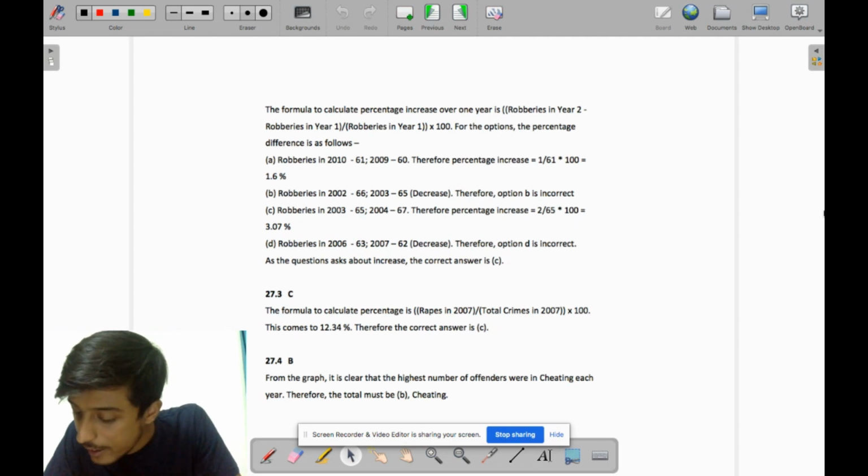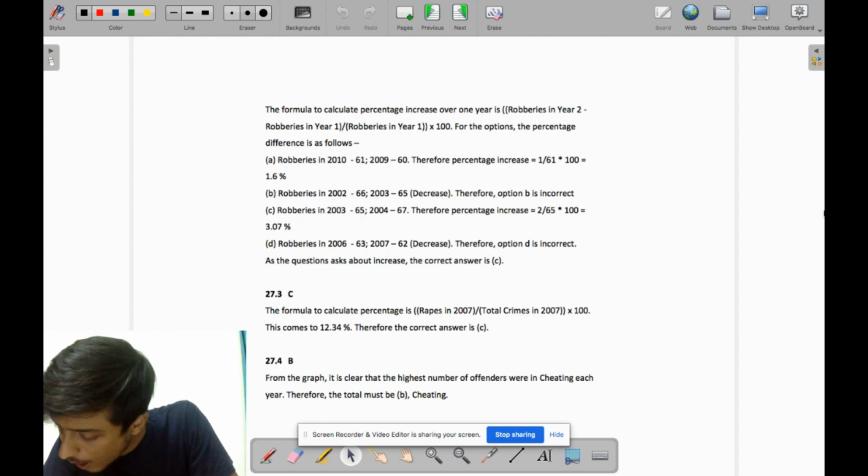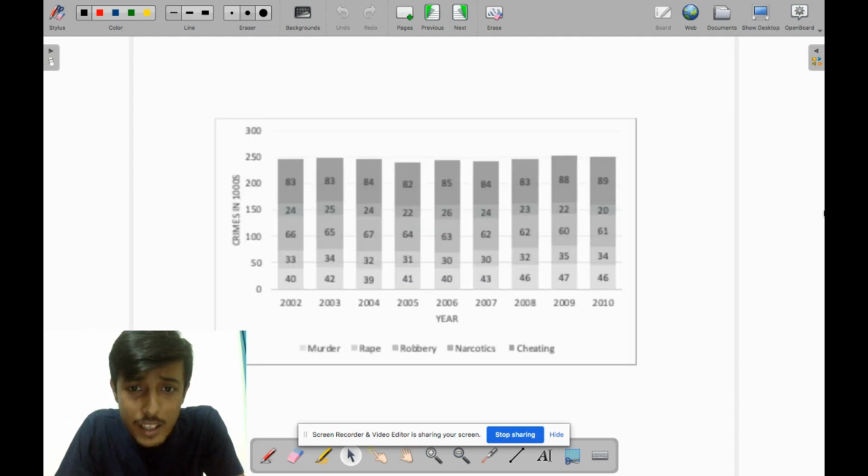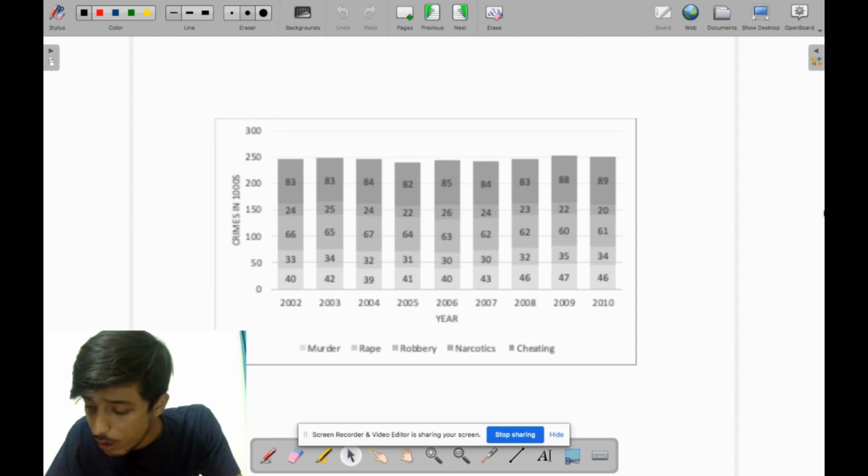The third subpart: in 2007, approximately what percentage of all crimes were committed in the context of rape? Quite easy. How many cases of rape were there in 2007? Rape is the second, 30. 30 divided by what is the total number in 2007?